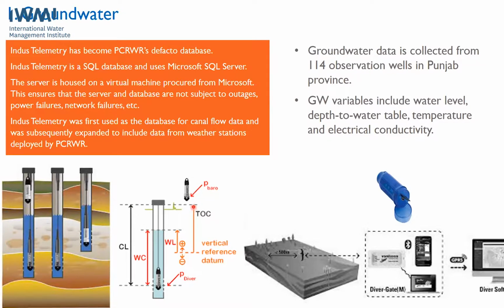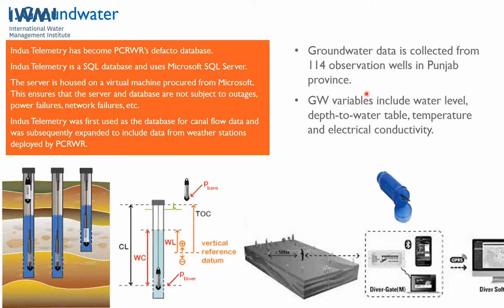These are smart devices, contact type sensors, which are immersed in the groundwater observation wells. When immersed in the water, the pressure they measure includes atmospheric pressure plus the pressure due to the water column, so we compensate for that. After compensation, it returns the groundwater levels in decimeters.